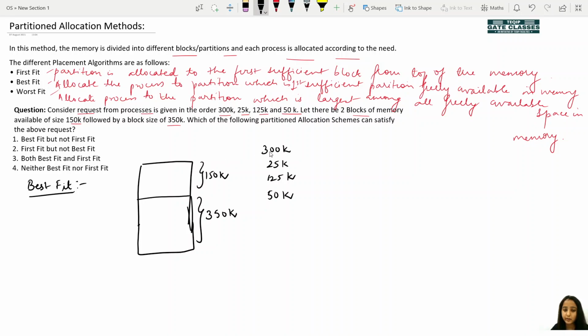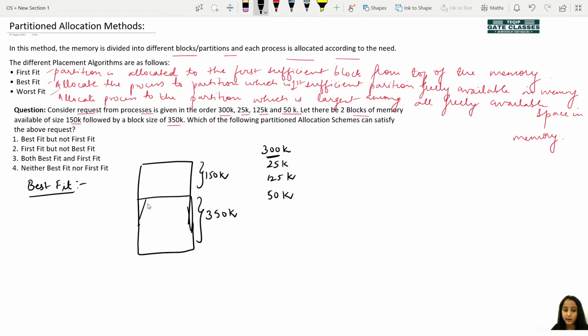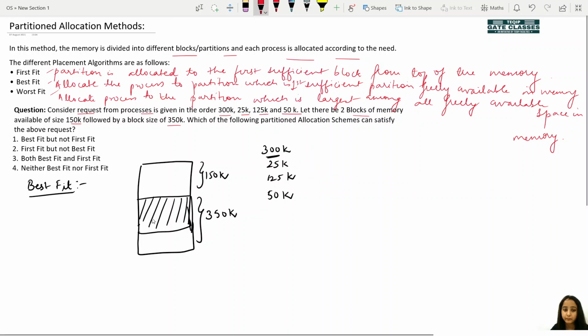So according to best fit, 300K can't be accommodated in the first block. The second block can accommodate it, so I will assign it here. 300K is assigned.